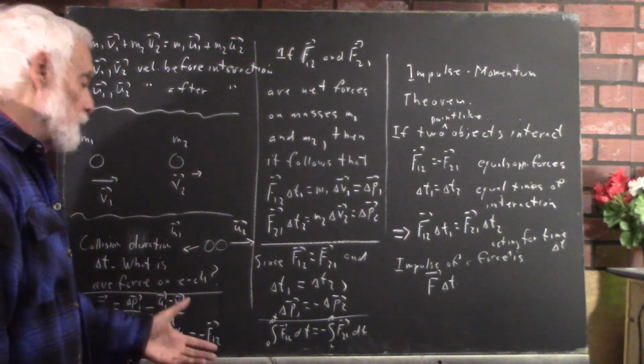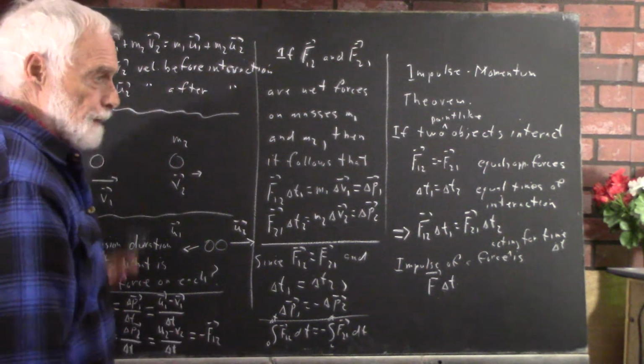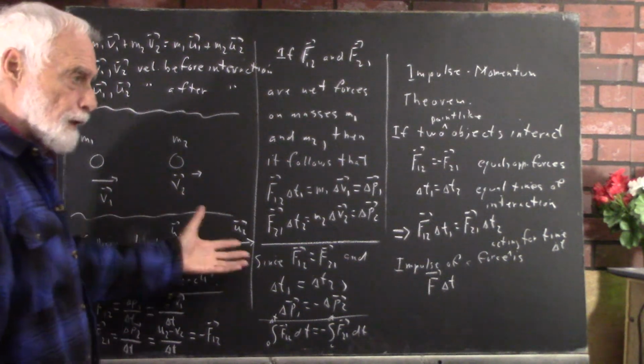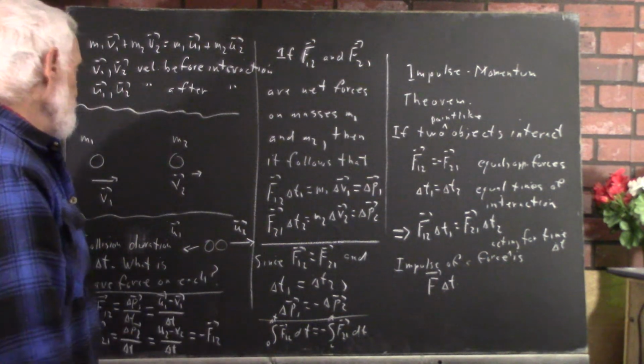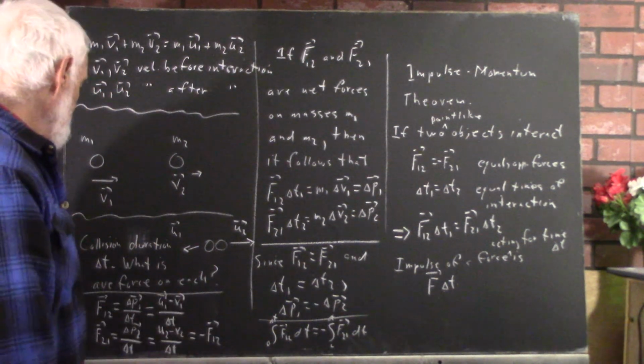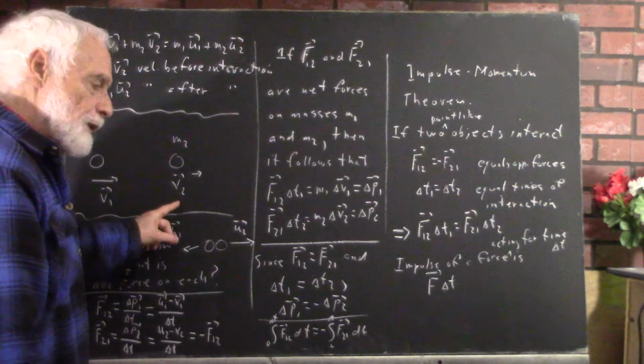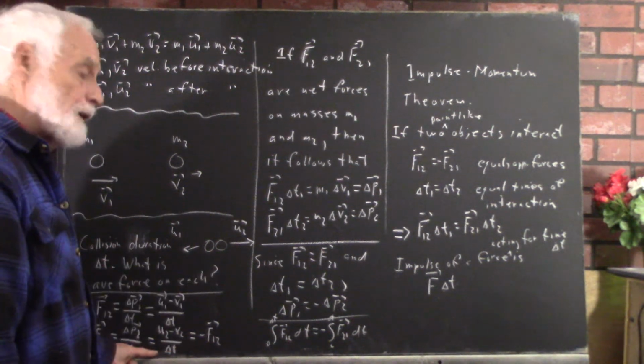And if they aren't equal and opposite, that means you screwed up your analysis. Or it means whatever the collision is, if somebody said here are the velocities before and after collision, they screwed it up. If you have valid initial and final velocities, you have this.